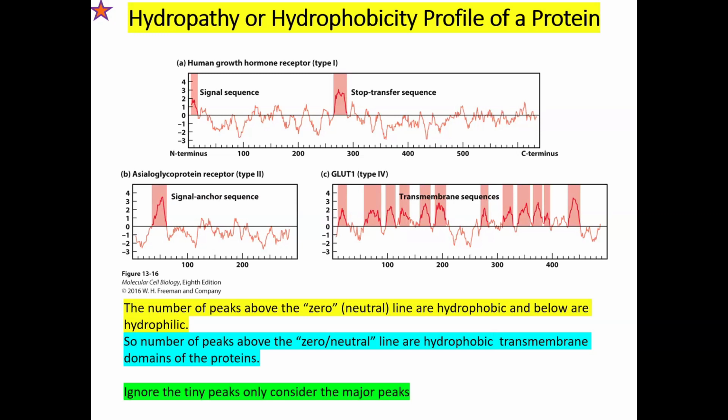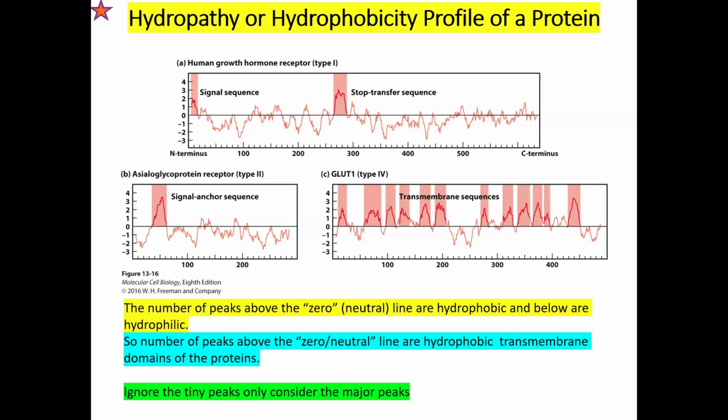And this is essentially what you're seeing: this is the signal anchor sequence, and the rest of the part is going to just flop around in the lumen or in the cytoplasm, depending upon the type of the protein. So know this very well.